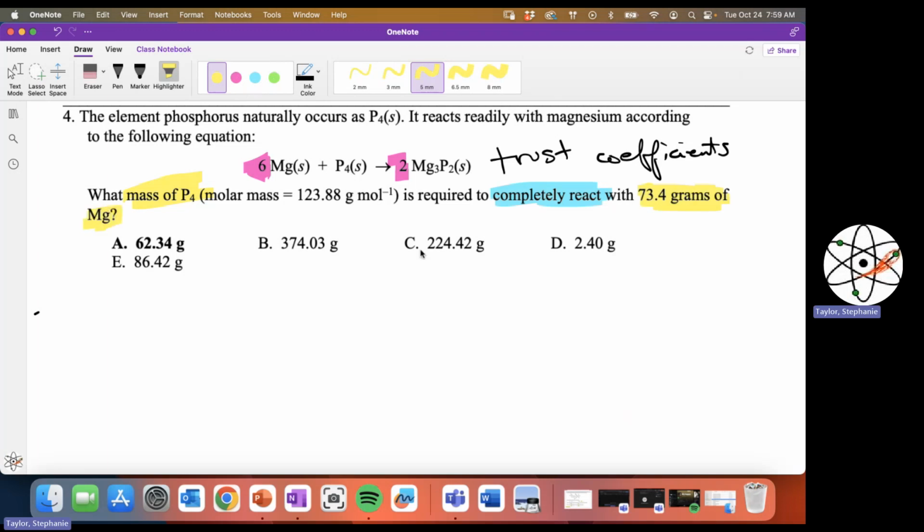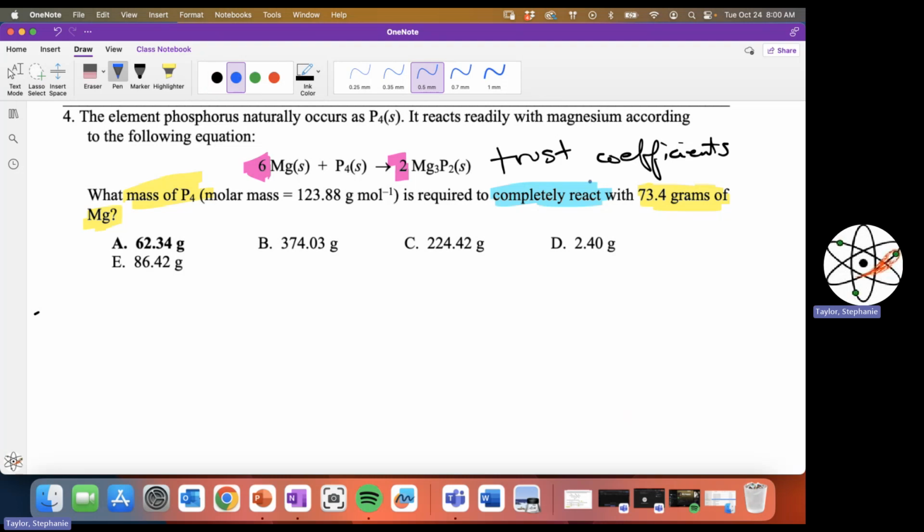When it says completely react, it just wants the exact perfect ratio. So nothing is in excess, but also nothing's supposed to be limiting. This is supposed to be the exact perfect ratios. It doesn't actually ask about the product at all, so I don't have to worry about that. All I'm going to worry about is my two reactants together.